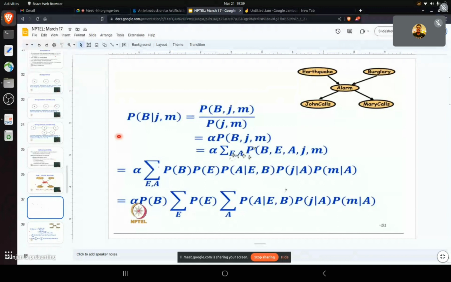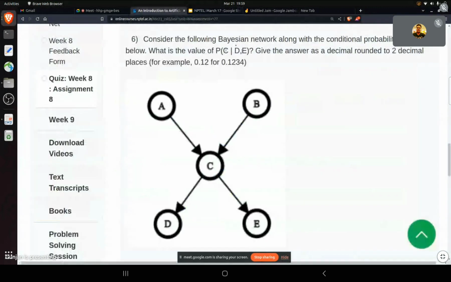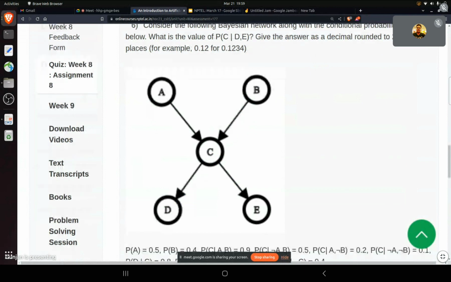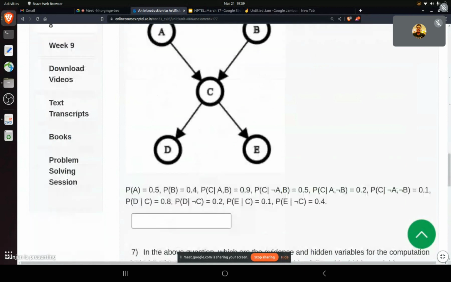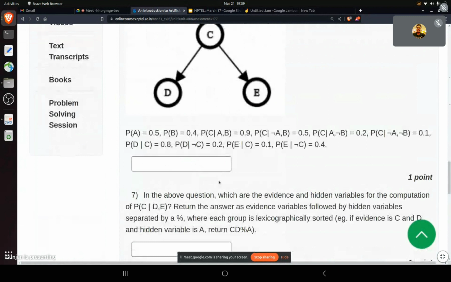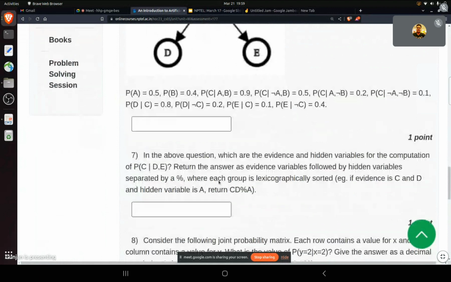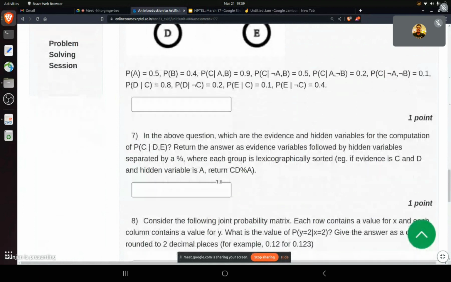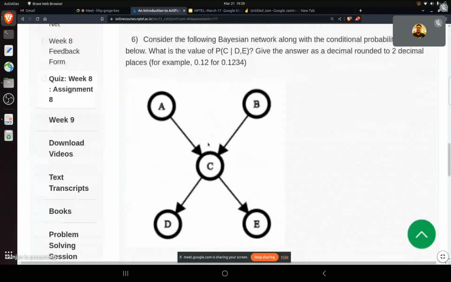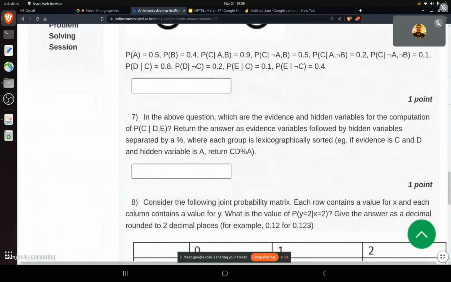So here, you can just do P of C conditioned on D comma E. You can solve it by P of C, D, E divided by P of D, E, and from there you can add all the missing variables that you have, and then you will definitely get some answer. But you need to start with all the variables, because the values that are given have A, B, C, everything.